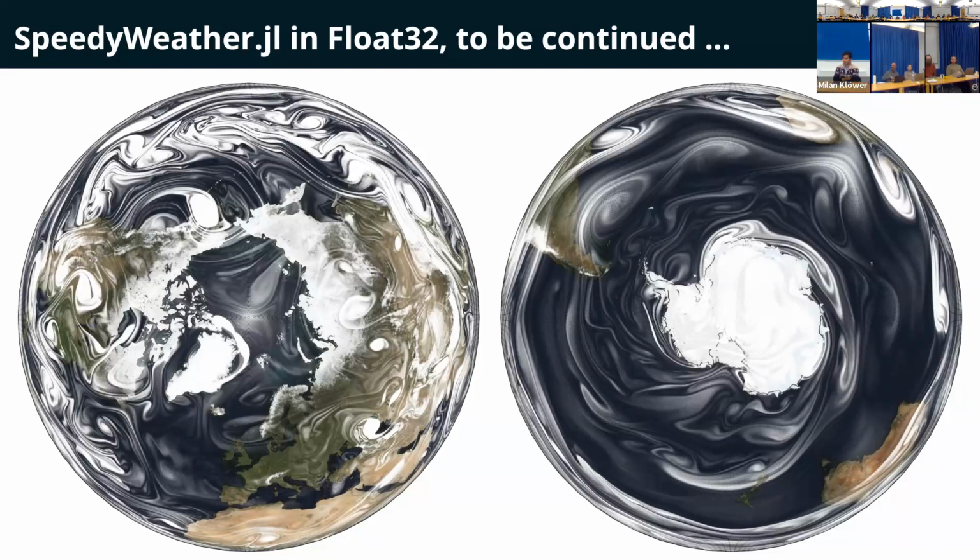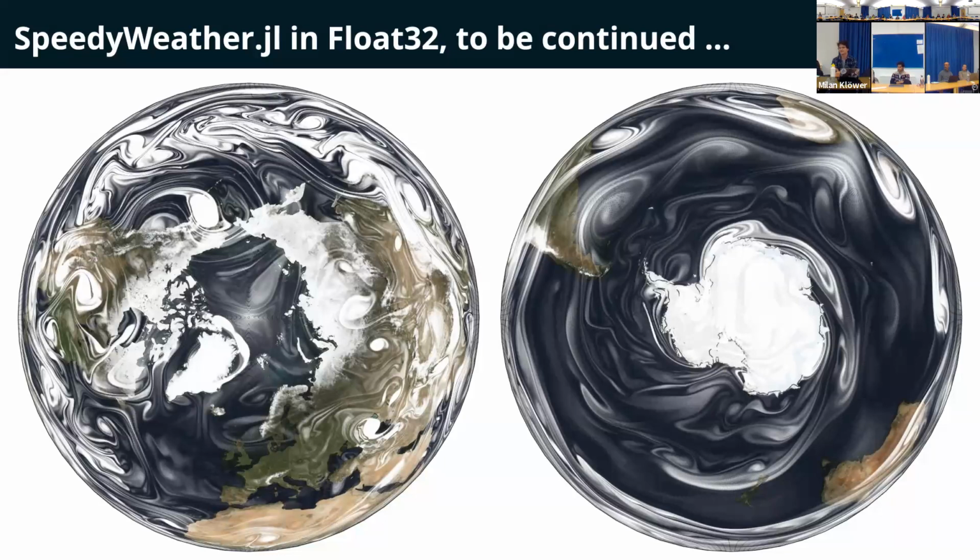Questions? Yes. So I guess in climate simulation, one of the most cited arguments for using doubles is that we want to have conserved quantities, and you need it for your conservation of mass, energy, humidity.